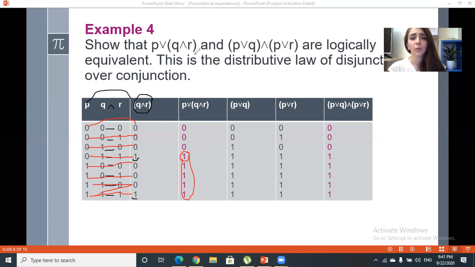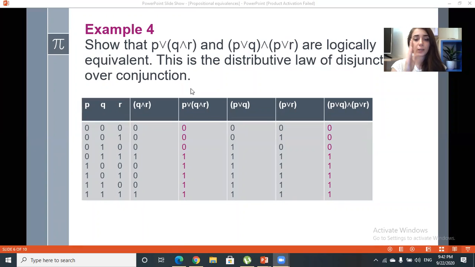This is our first result. We found this one, and next we want to find this. Firstly, we should find the truth values of this first brace: P disjunction Q. 0, 0 is 0, 0, 0, again 0.